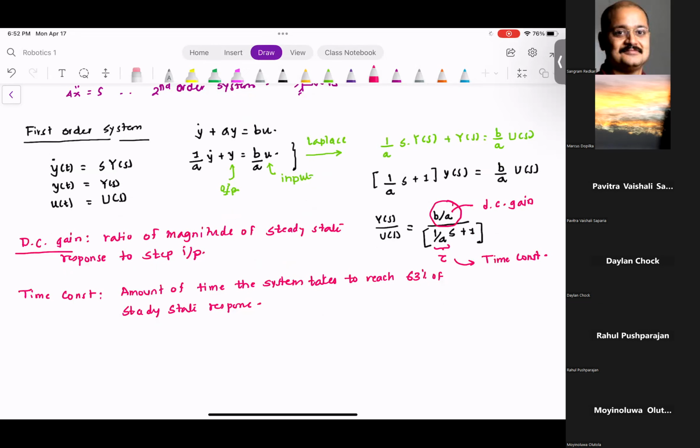Then there is another concept called the settling time.